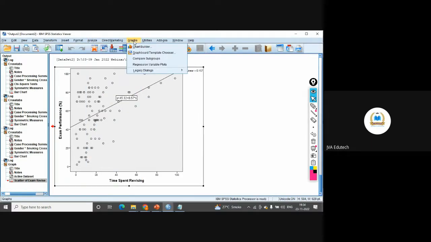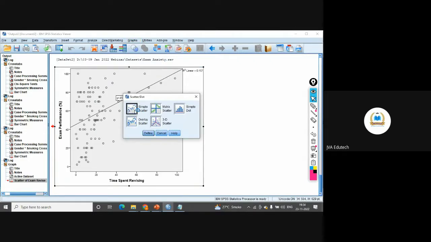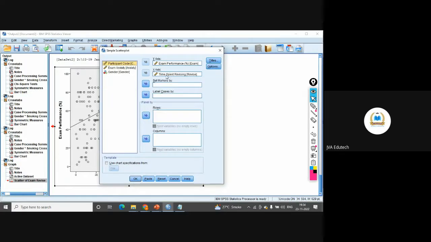Similarly, you can plot a relationship between exam performance and exam anxiety.